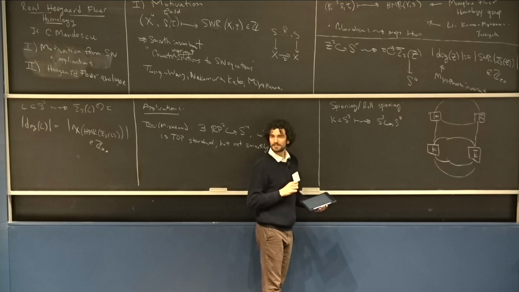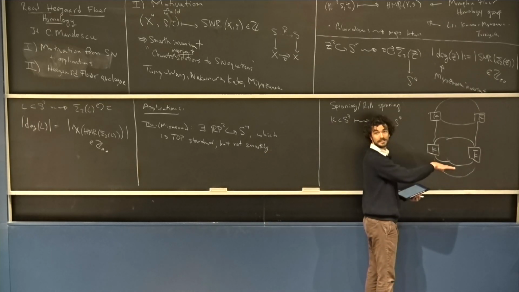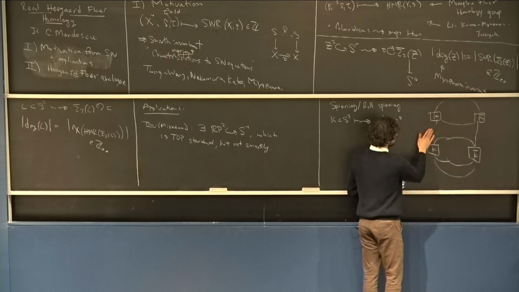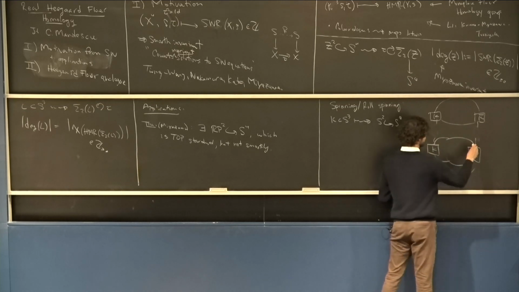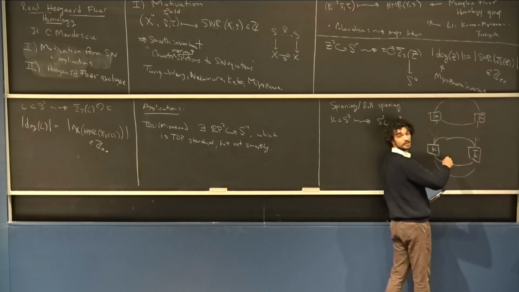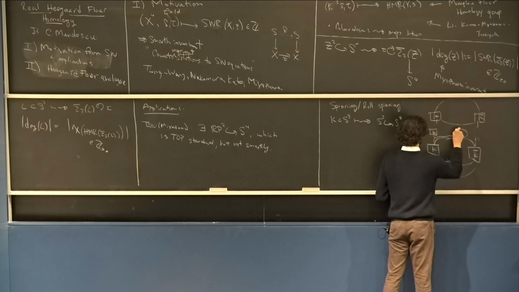Turns out there's something interesting you can do in the middle. So I have these two canonical slice disks in the top and the bottom, and there was this middle section where I didn't do anything. Instead, what you could do is take one copy of K and drag it around longitudinally through the knot. So it'll look something like this.